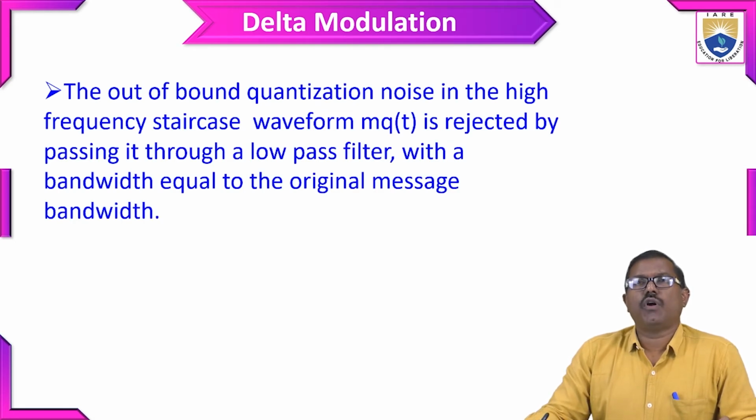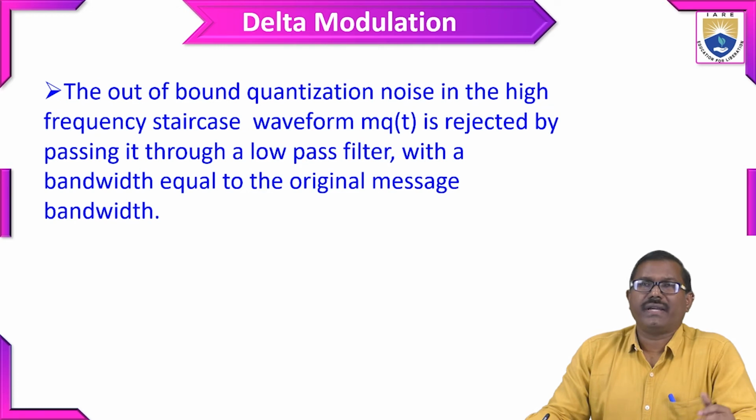The out-of-band quantization noise in the high-frequency staircase approximation mq(t) is rejected by passing it through a low pass filter with a bandwidth equal to the original message signal. So the receiver also contains the LPF, low pass filter. Out of band means beyond that frequency range.